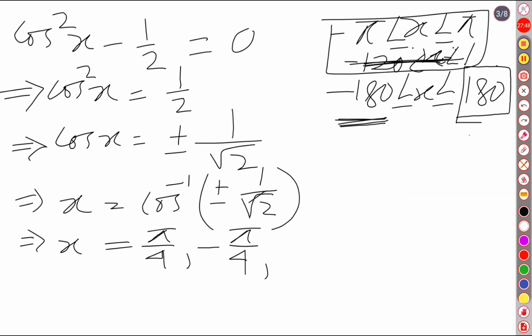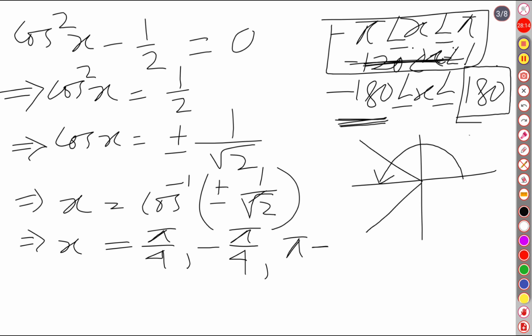Now we will talk about our negative value. Cos is negative in the second quadrant and third quadrant. So in the anti-clockwise direction, if we move over here, it will be around 180, so we can choose this. It will be pi minus pi over 4.